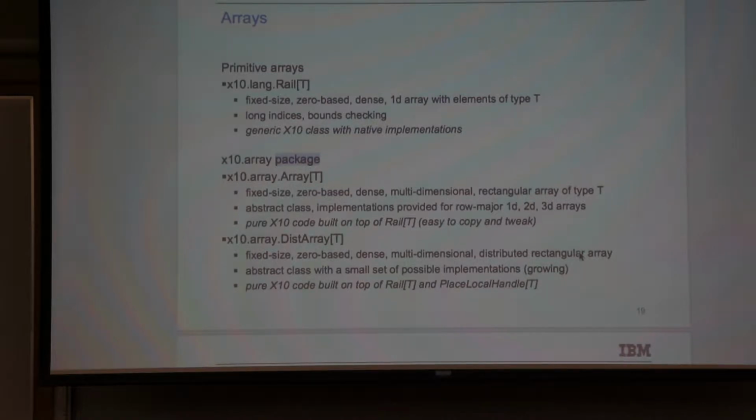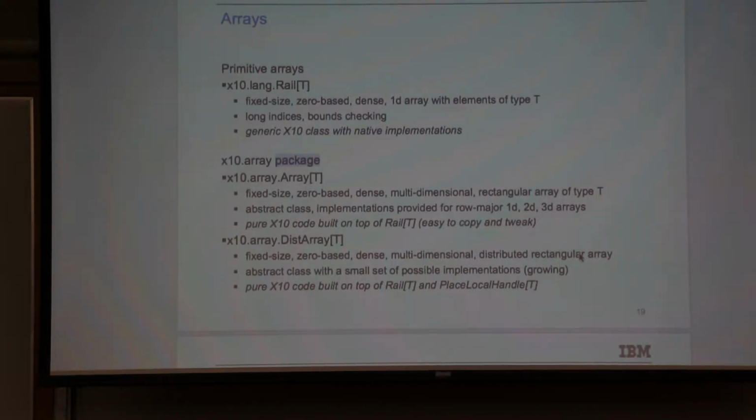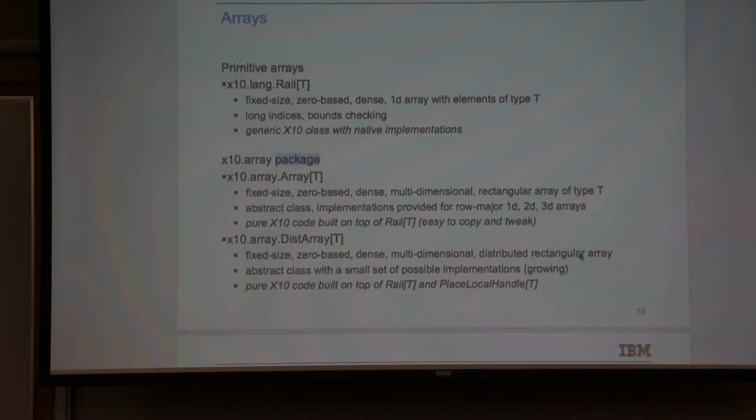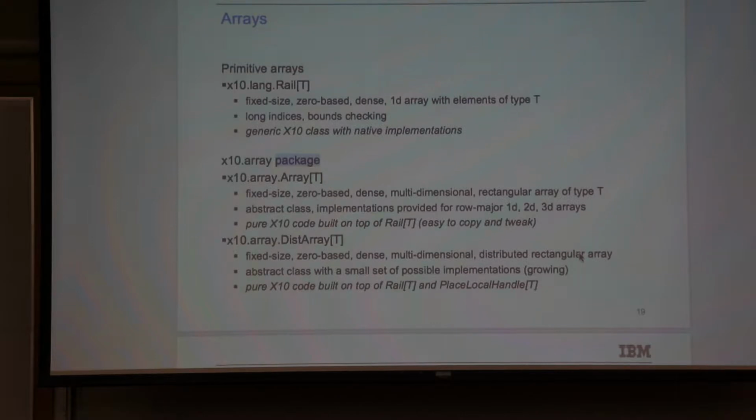These are zero-based. There used to be a much more general version of arrays that was not zero-based. And it's a dense rectangular array of a given base type. And implementations are provided for row major 1, 2, and 3D arrays. The code is written in X10.